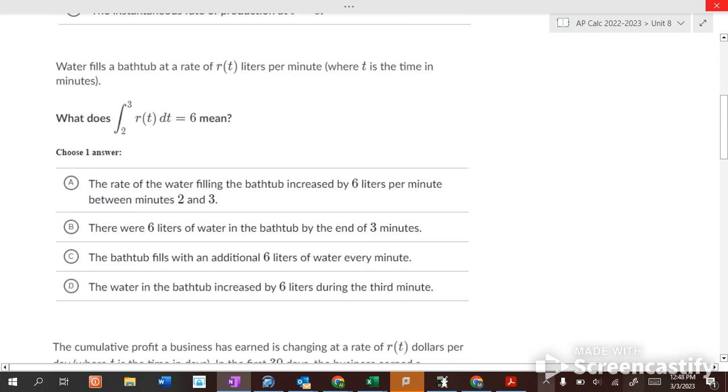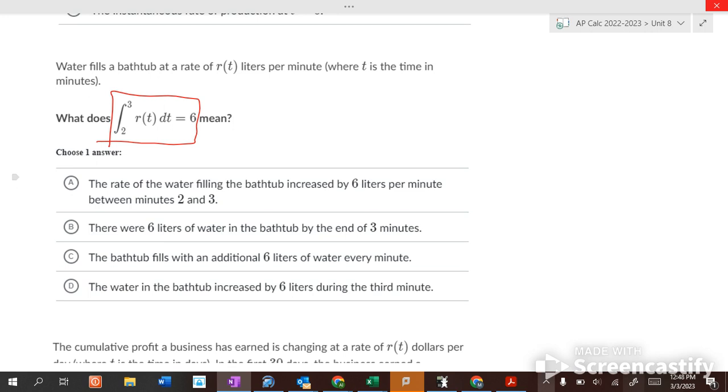Water fills a bathtub at a rate of R liters per minute. What does this equals 6 mean? Well, some amount equals 6. From 2 to 3 is 2 to 3 minutes.